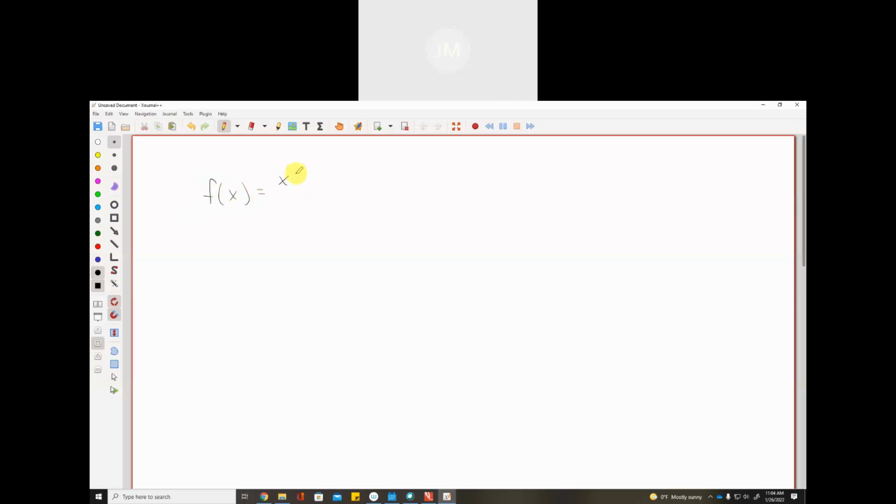Suppose f of x is x squared plus 2x minus 3 over x plus 3. Well, never mind. Hold on, let's change it. Let's do over x minus 1. Okay. Let's suppose I want to figure out what is f of 1.